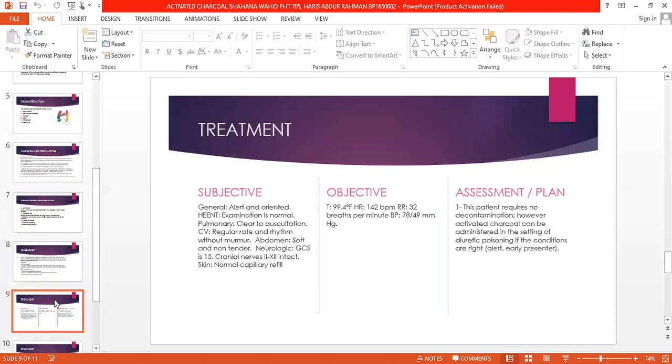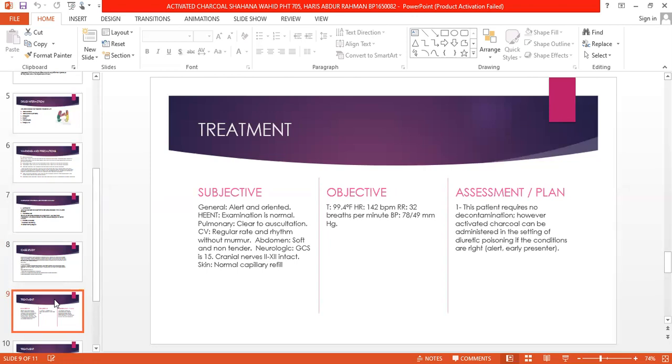The next slide. The subjective part says that the patient is alert and oriented. The head examination is normal, pulmonary clear to auscultation, CV regular rate and rhythm without murmur, abdomen soft and non-tender, neurological GCS is 15, cranial nerves 2 to 8 intact, skin normal, capillary refill.